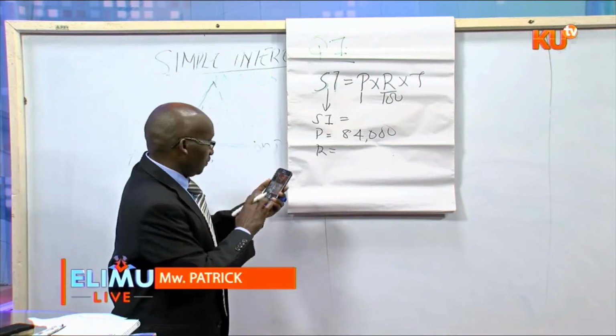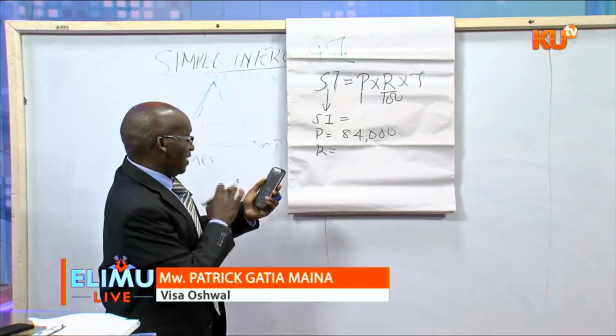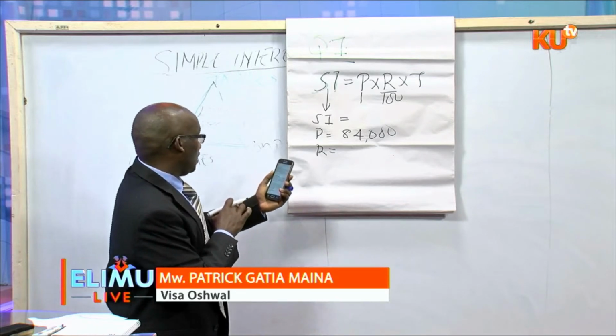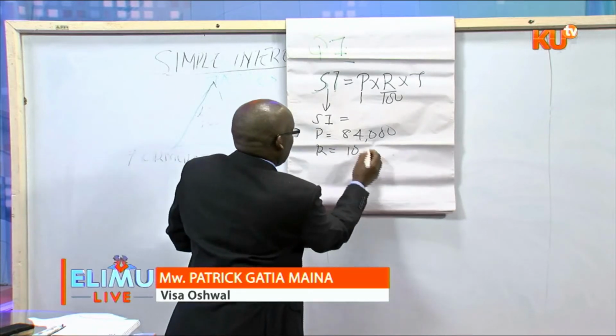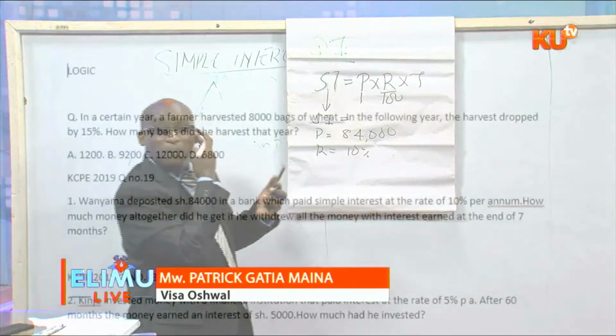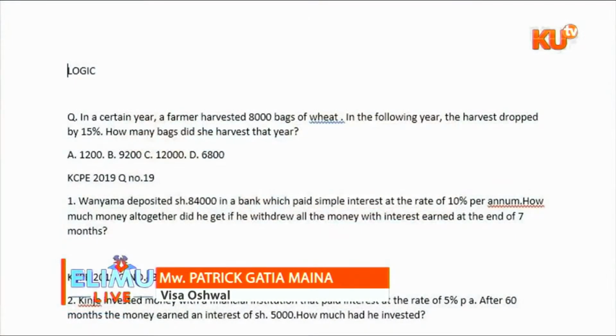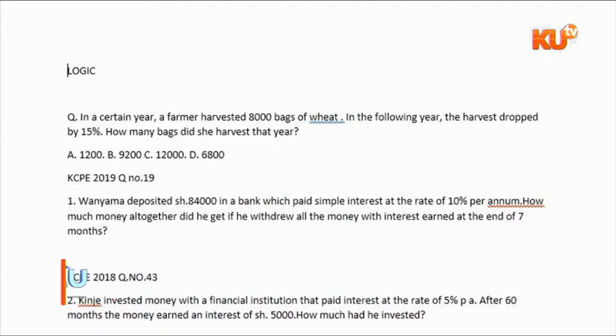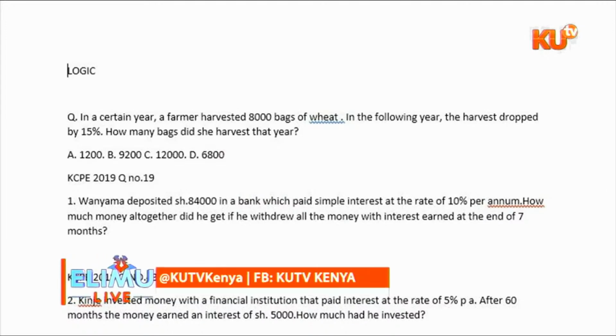And so the rate, according to this particular question, is given as 10%. Then we go to the next variable as far as the formula is concerned, which is time, which is given as 7 months.